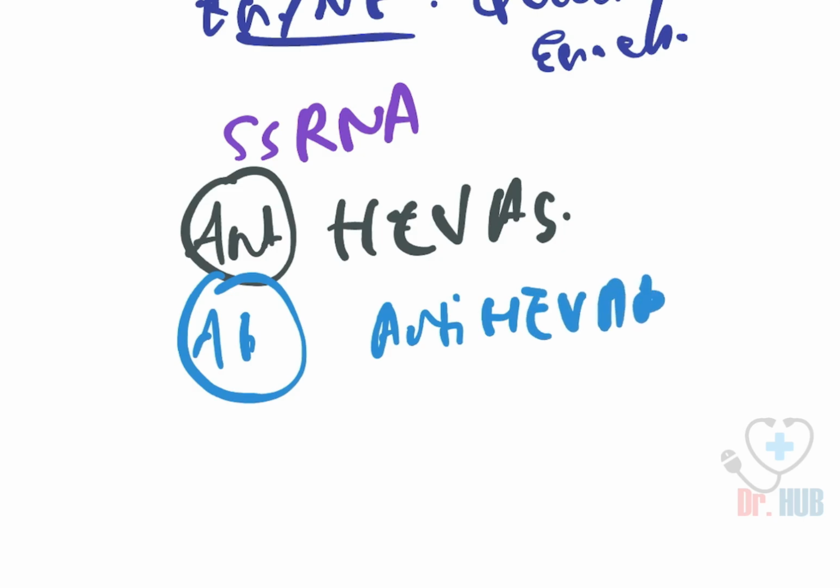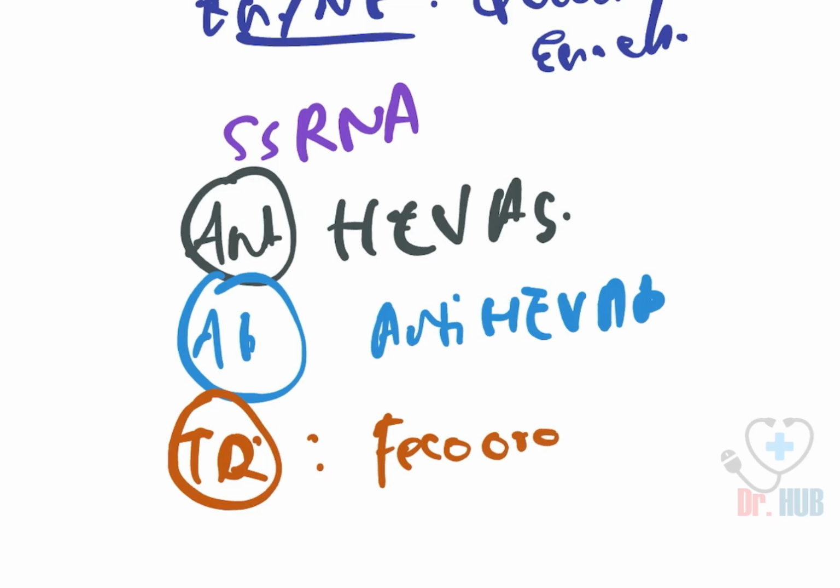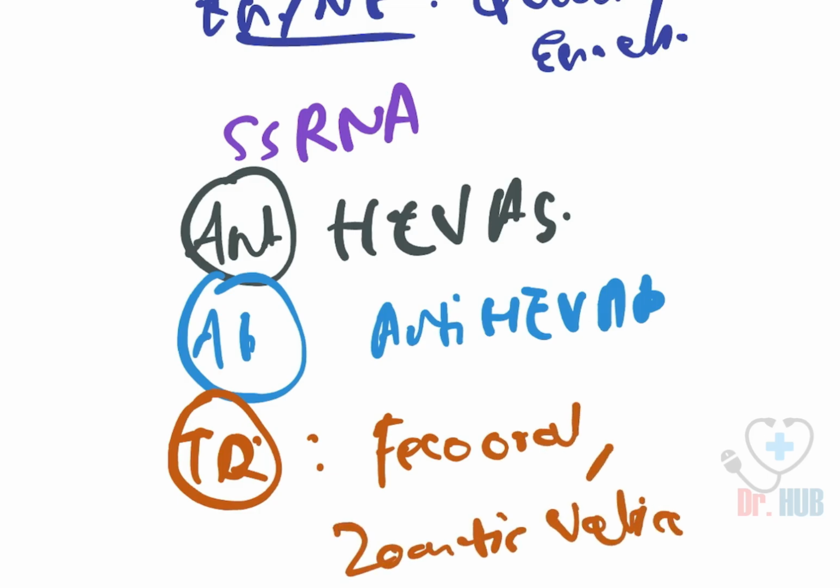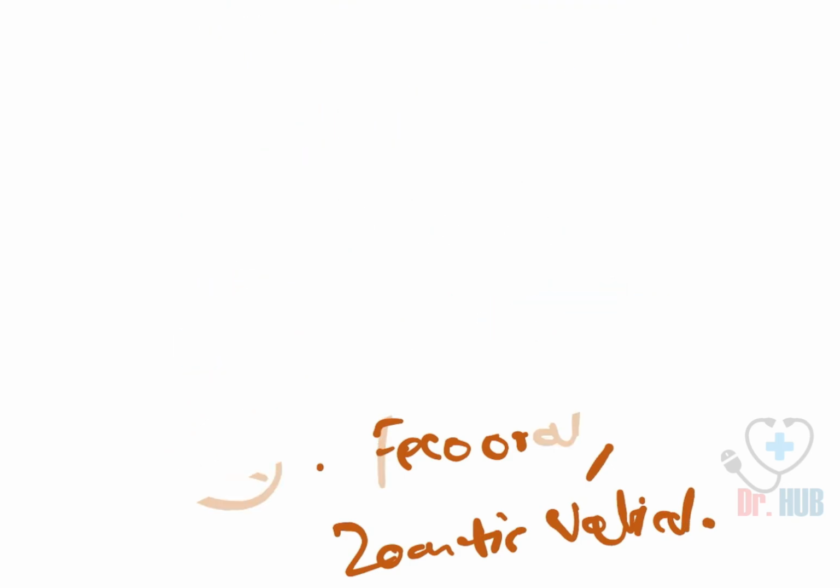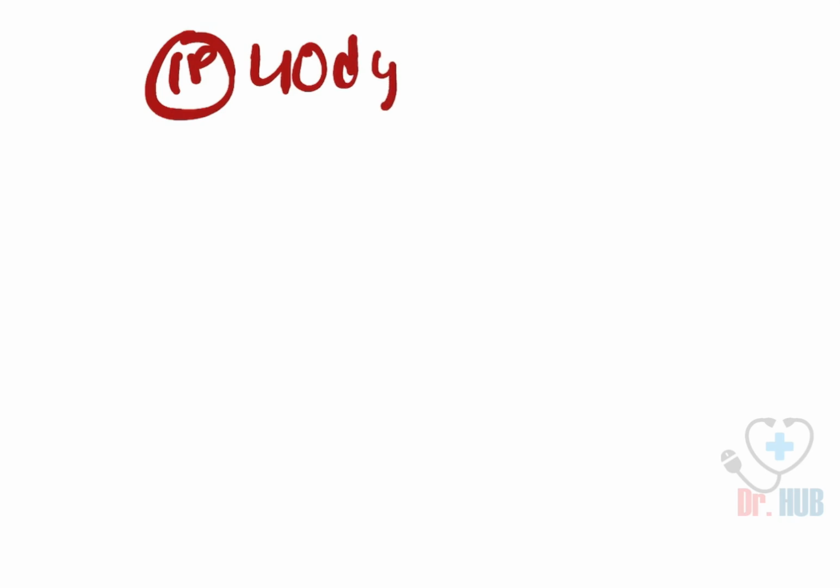Next, looking at the transmission route, it can be fecal-oral, zoonotic, as well as vertical. Then the question arises, what is the incubation period? The incubation period is about 40 days.